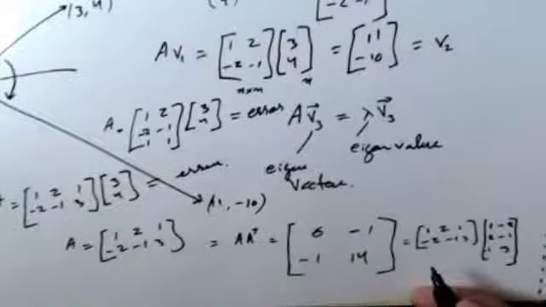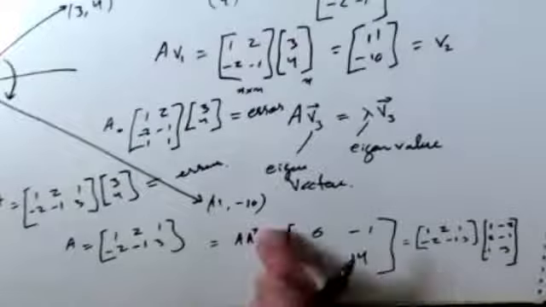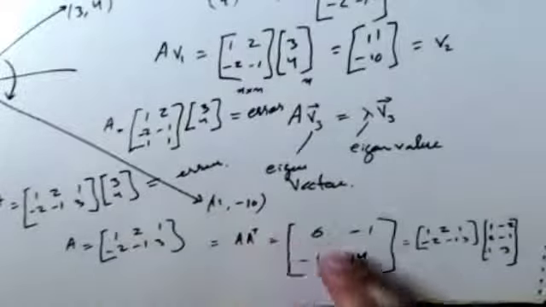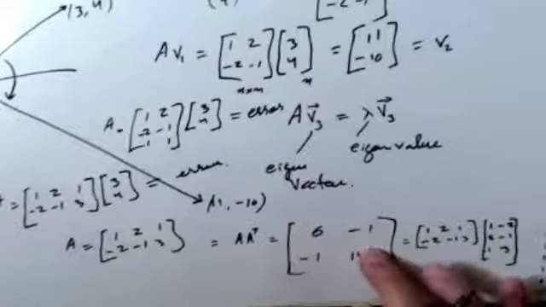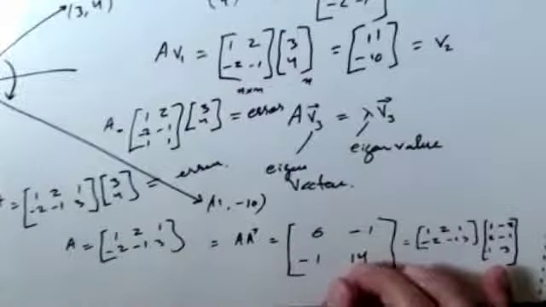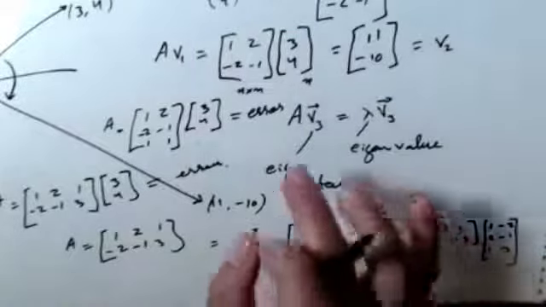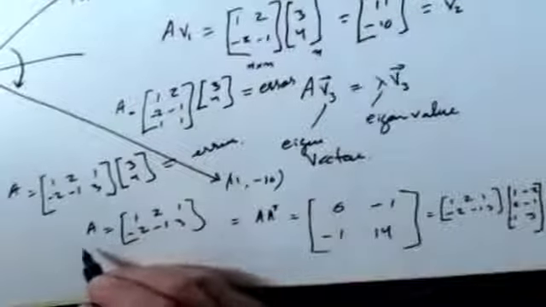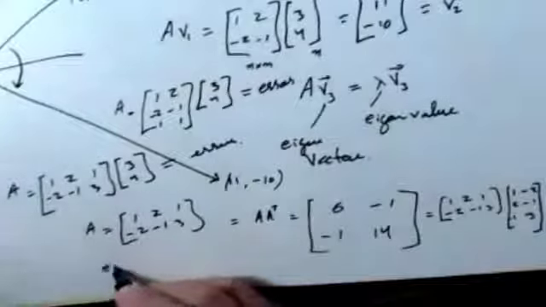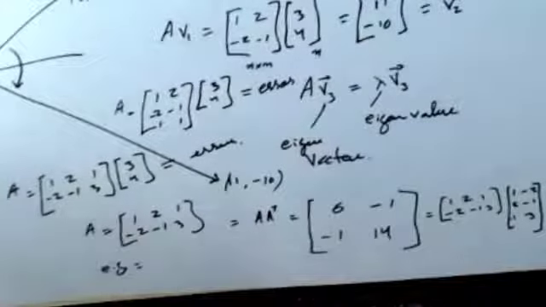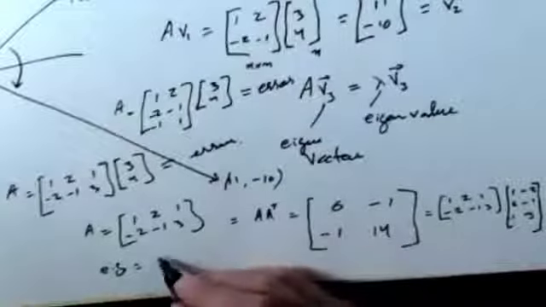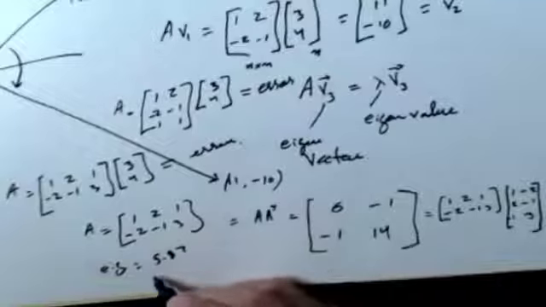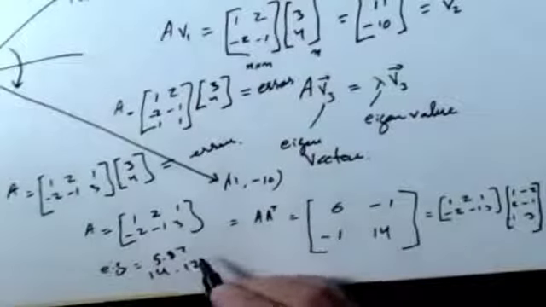So what we get are singular values for this product, and the singular value for this matrix is actually the square of the eigenvalue. If I just calculate the eigenvalues for A over here, I'll get two eigenvalues: one is 5.87 and the other one is 14.12.